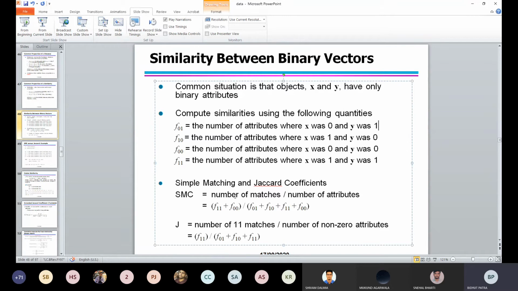So with simple matching we will get high similarity values between one person and others, maybe one will be similar to all other people, and so on. Therefore we cannot conclude anything from computing similarity using SMC.